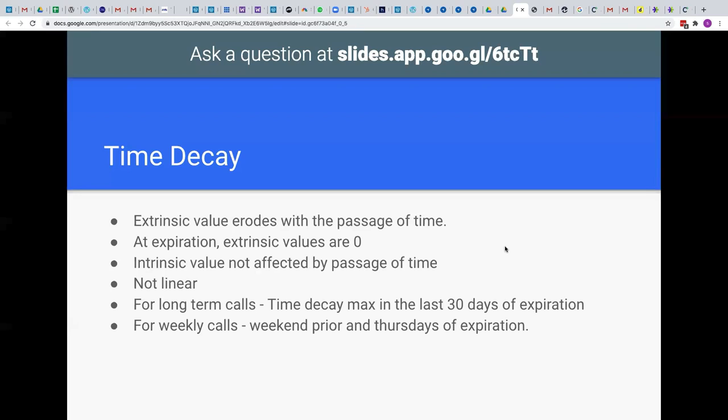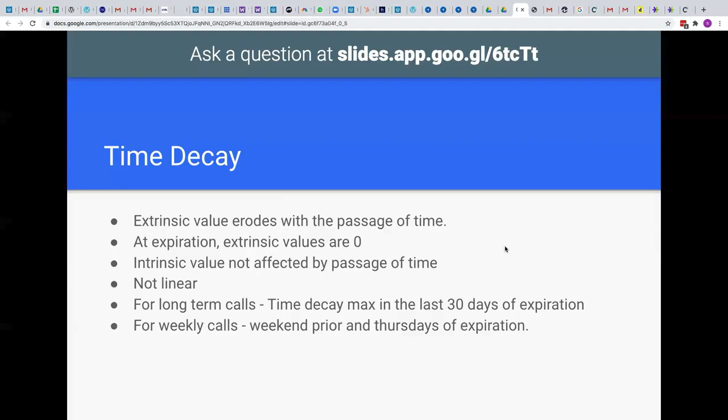But in the case of weekly calls, every week there is an expiration, right? So if you're buying next week's call, you will see some significant time decay happening on the weekend prior to that expiration. For example, if you're buying the October 9th call on October 2nd, last week, you would have seen some time decay. And also on the Thursday.